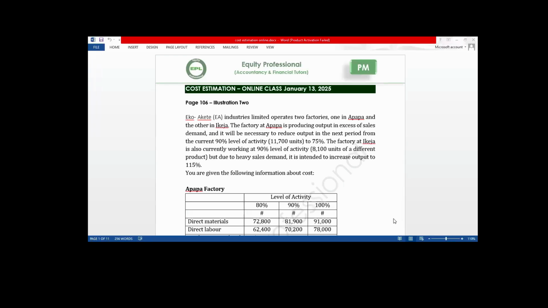Apapa factory. Level of activity, 80%, 90%, and 100%.